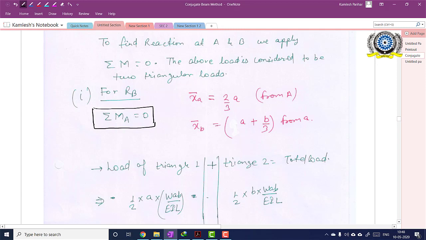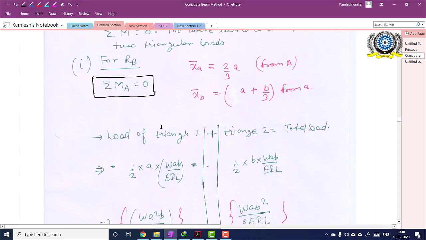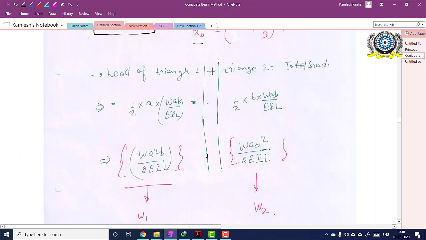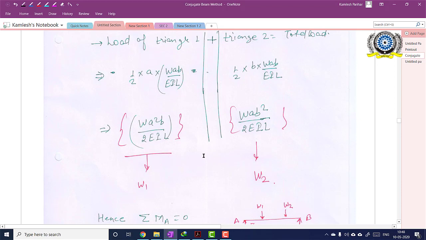You all know how to apply this. To simplify it, I have calculated the loads W1 and W2, and I have also found out the centroids XA bar and XB bar. Both these centroids are from support A. These are very simple geometric problems.